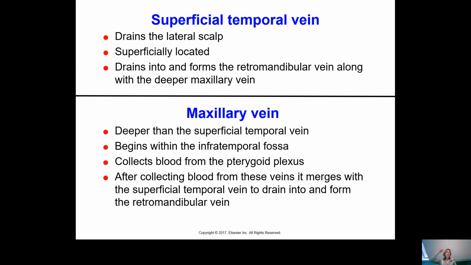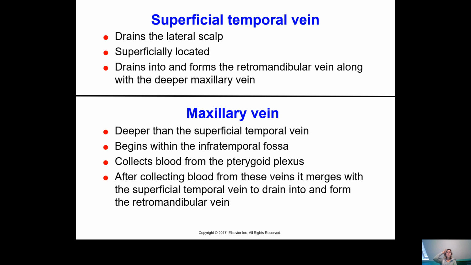The superficial temporal vein is up here. It drains the lateral scalp, so the side of the scalp. It is superficially located, so it's close to the surface of the skin. And it drains into and forms the retromandibular vein along with the deeper maxillary vein. The maxillary vein is deeper than the superficial temporal, so the superficial temporal is along the surface of the skin.